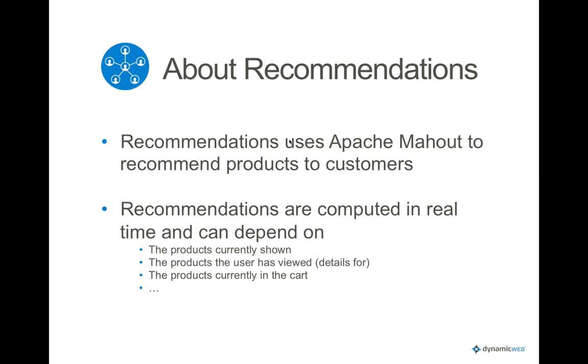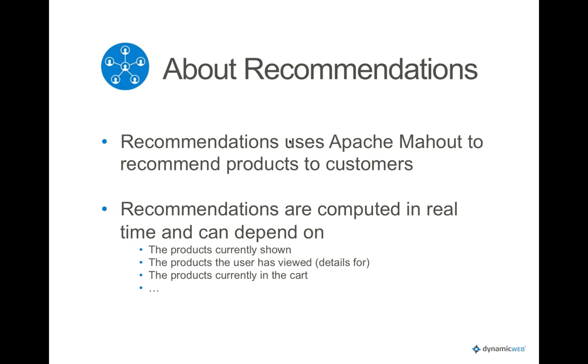For providing recommendations in Dynamicweb, we use a system called Apache Mahout that can recommend products to customers. And we have built a wrapper around Apache Mahout to make it easy to interface to a recommendation service from Dynamicweb. And when we have recommendations in Mahout up and running, we can get recommendations in real time from Mahout, and we can show recommendations to users.